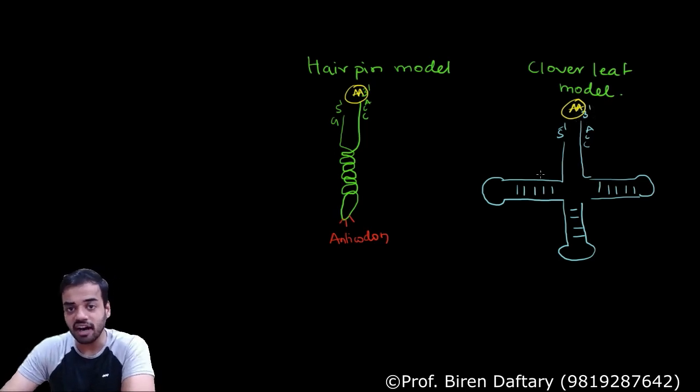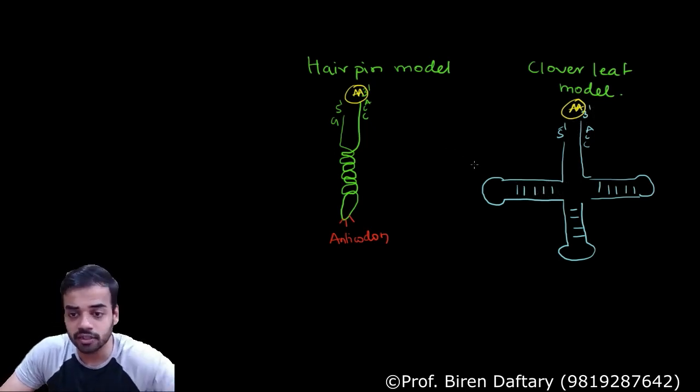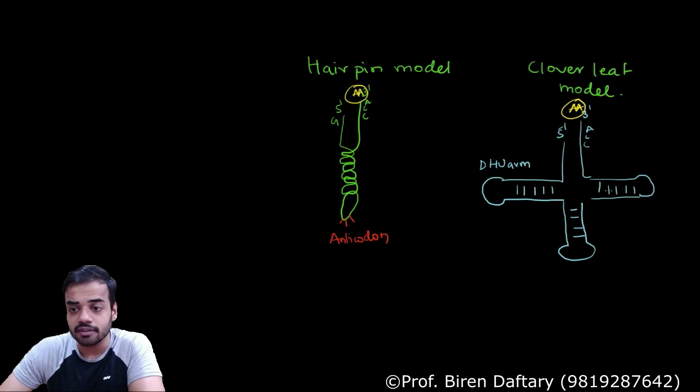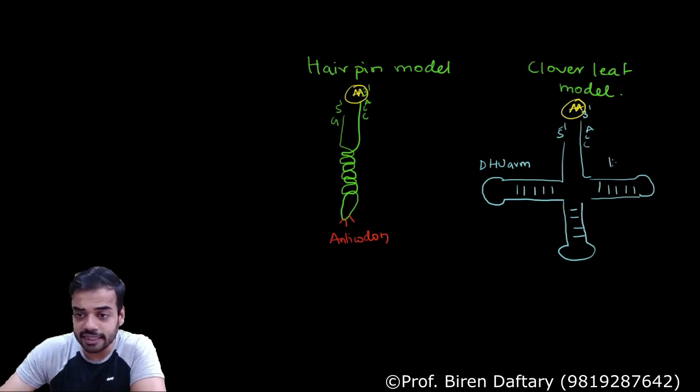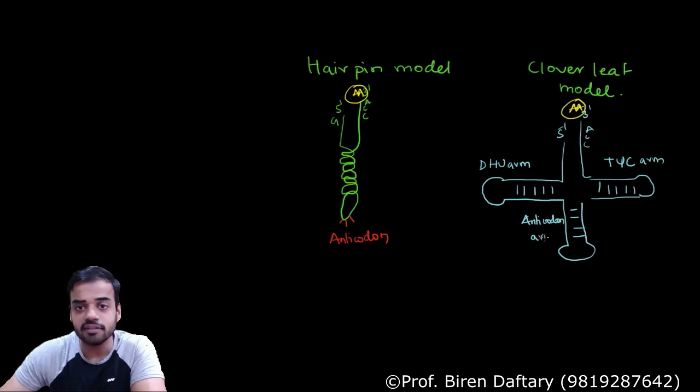Now coming to these arms, this is called the DHU arm. So I'm just going to write it down over here. This is also called the D arm or the DHU arm. Okay, this arm is called the T-Psi-C arm, and this is called the anticodon arm.